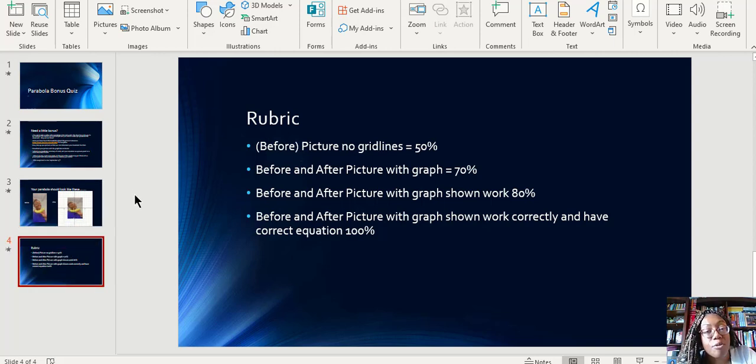If you have the before and after picture of the graph, that's going to be 70%. If you have the before and after graph and you show your work, that means you're going to get an 80%. If you have the before and after picture, you show your work correctly, and you have the correct equation, you'll get 100%. So this can be a relatively easy bonus quiz, but it's solely up to you.